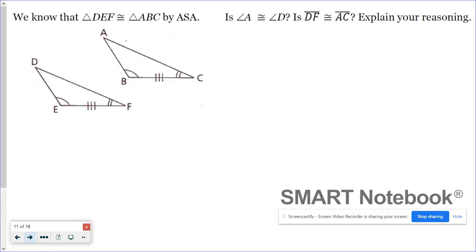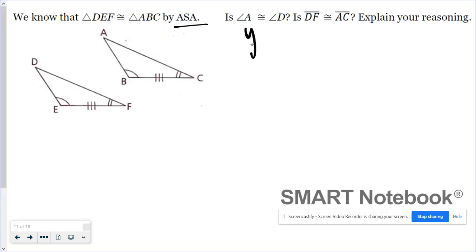Because remember, when we say that two triangles are congruent, we're saying that all six pairs of corresponding angles and sides are congruent. We only need three of them to prove congruence. Okay, only three are needed to prove, but that then means that all six pairs of corresponding sides and angles are congruent.